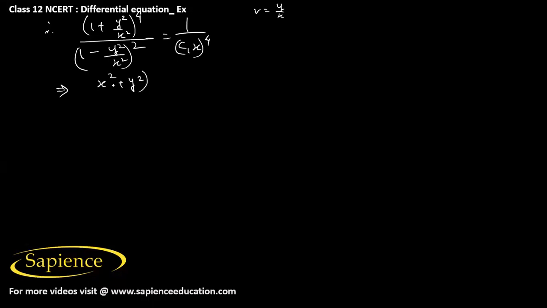So (x square plus y square) whole power 4 divided by x power 8, into x power 4 divided by (x square minus y square) whole square, that will be equal to 1 by (c1x) whole power 4.